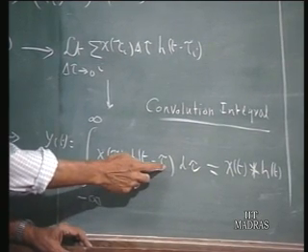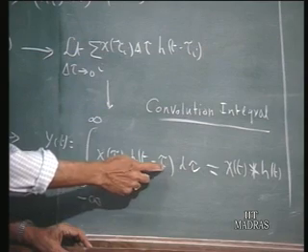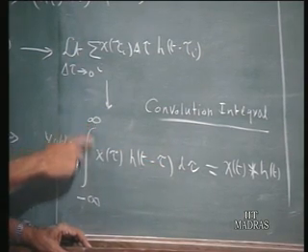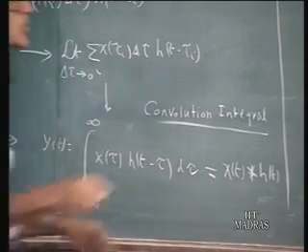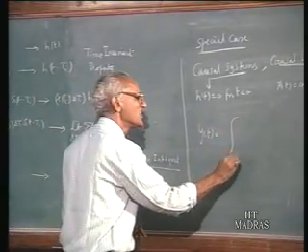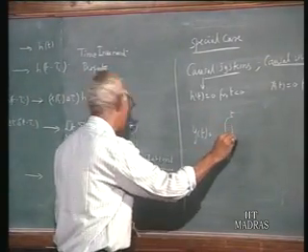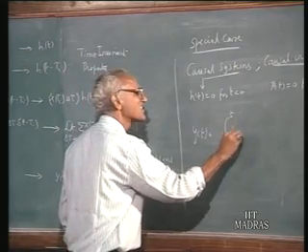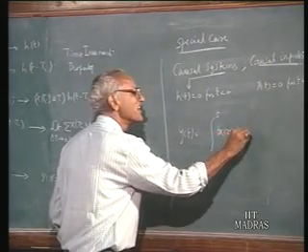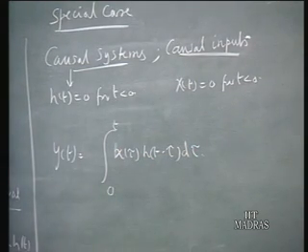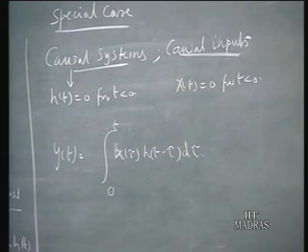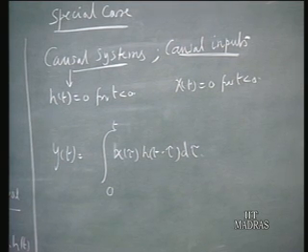Therefore this integration need be carried out only up to tau equals t instead of infinity. So the lower limit and the upper limit can be reduced now to 0 and t. Then we can write the integral of x of tau h of t minus tau d tau. So for the special case of a causal system with a causal input, we need to carry out this integration only between the limits 0 and t, not between minus infinity and plus infinity.